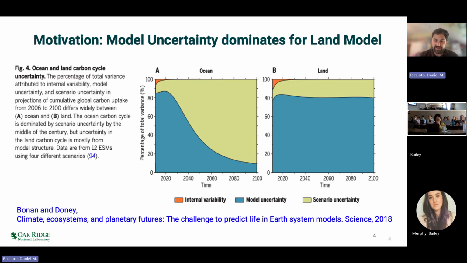So basically how much emissions there are. Whereas on the land side, model uncertainty remains very dominant throughout the entire prediction period. And it's really the structural and parametric uncertainty among the models that really drive the uncertainty in the predictions.